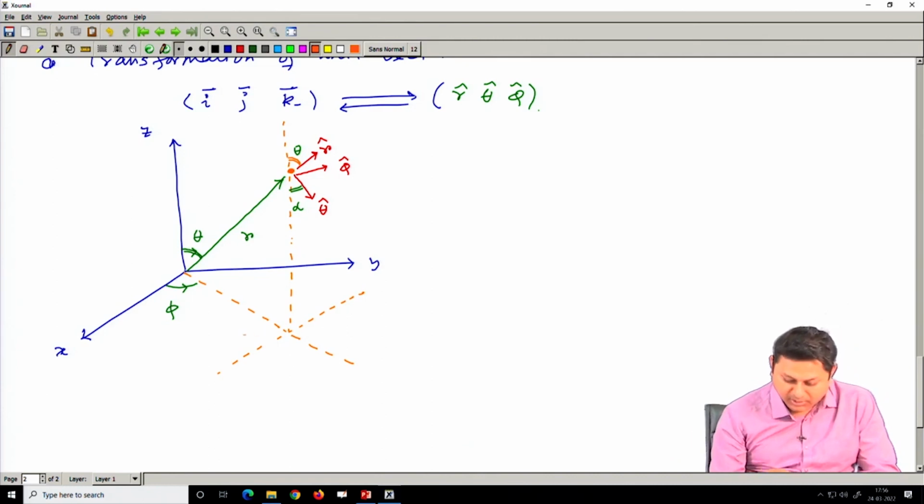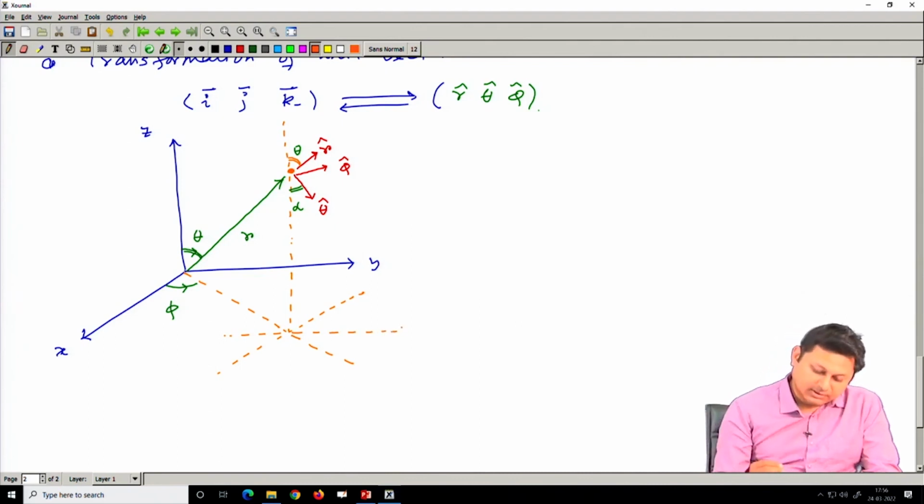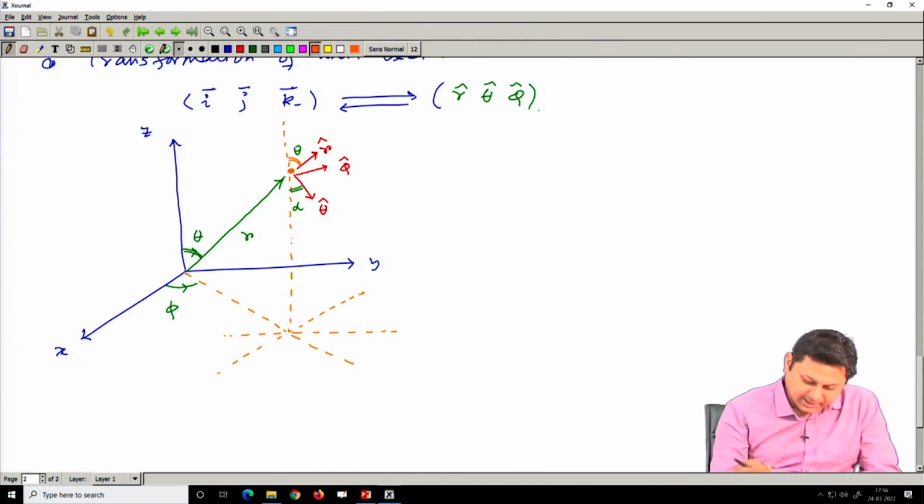And parallel to y, I should have a line here, so that it will be easier for me to decompose everything. So, now if I put this theta here, because this is the phi unit vector, if I make a projection of this phi unit vector, it should stay like here.